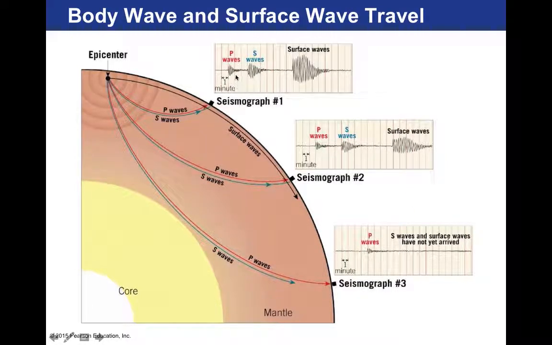But what you will notice is that the actual shapes of the seismograph recordings are the same. It's just a little weaker at seismograph 2, and of course weakest at seismograph 3, with the S waves not even arriving yet. All right, so it's very easy to tell if you're closer or farther away from the epicenter based upon the amplitude of the waves on your seismograph.